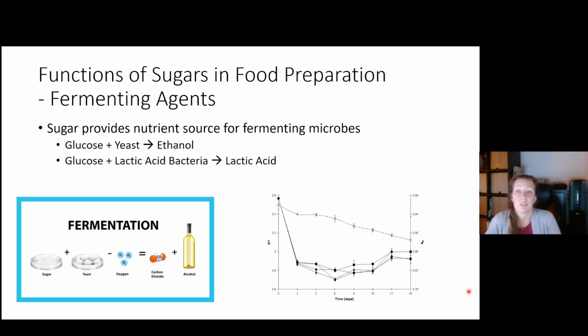By just adding some sugar and some bacteria to the meat, the bacteria convert that sugar to an acid and make it safe to eat. Okay. Fermentation of alcohol: you have sugar, yeast, you take away the oxygen, and those yeast will produce carbon dioxide and alcohol.